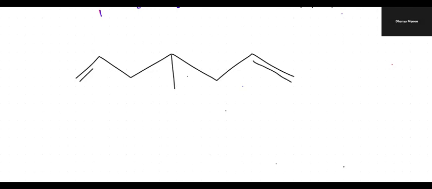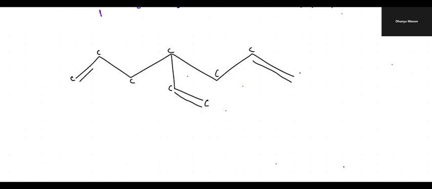Okay, and this is carbon, carbon, carbon, carbon. This is carbon. If nothing is mentioned here, this is carbon, and so this is carbon. This is also carbon, carbon, carbon, carbon.